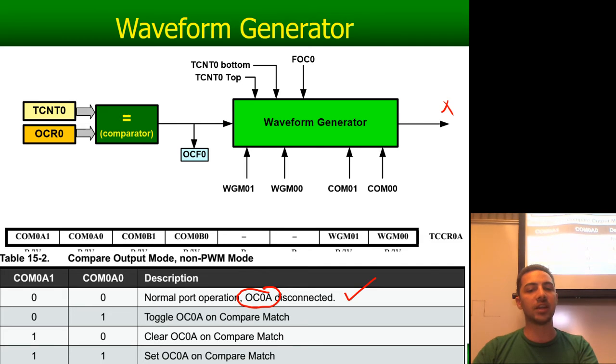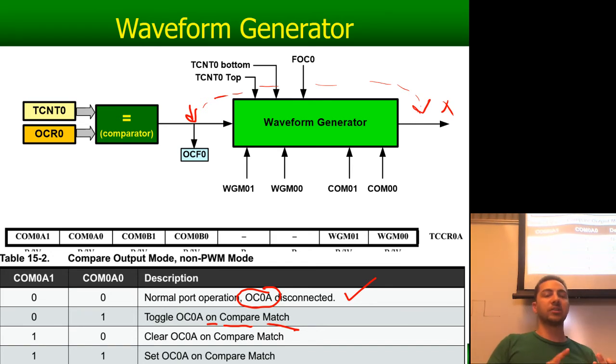So we have no connection there. In all the rest, interesting stuff happens, specifically on a compare match. So when something happens here, something will change here. So on a change here, that will directly affect a change here.